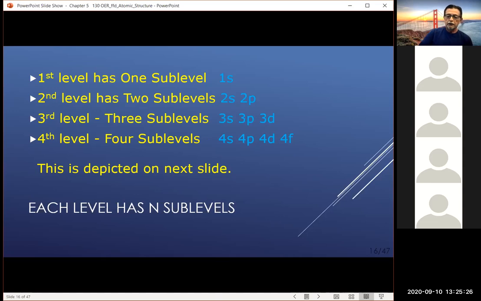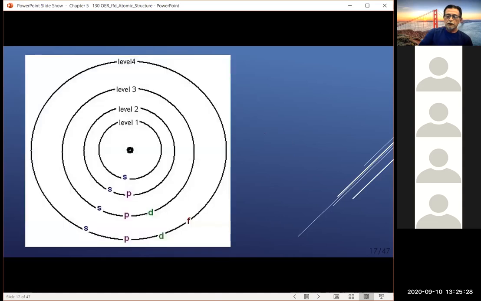All right, so this diagram kind of shows you where these orbits are with respect to the energy level. So the very first energy level, we only have the S.